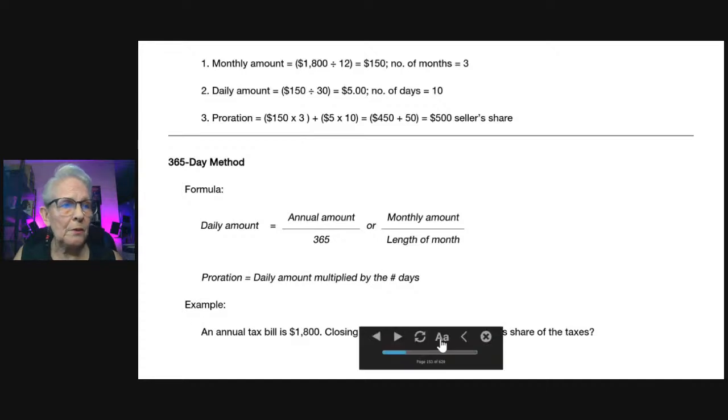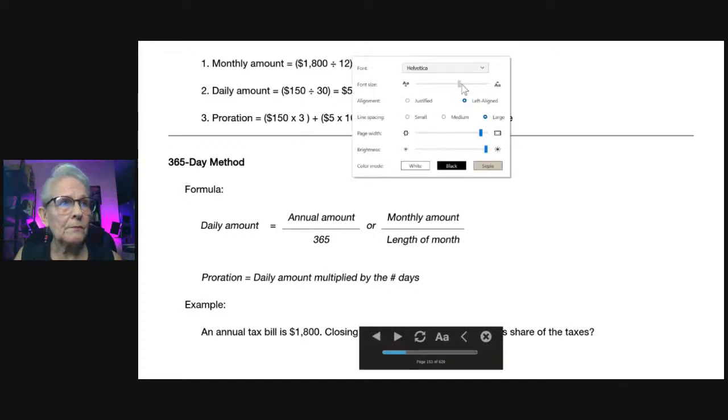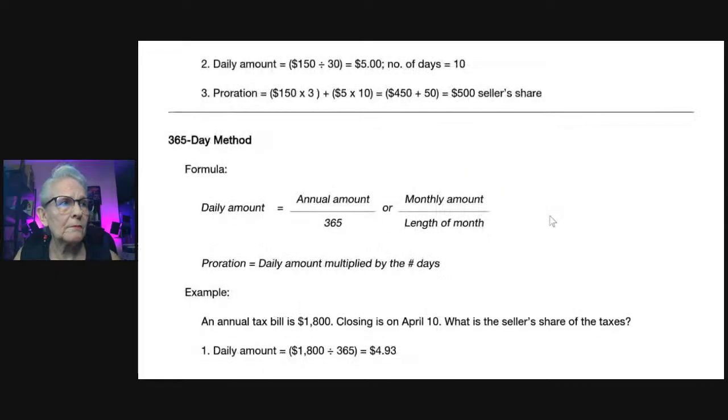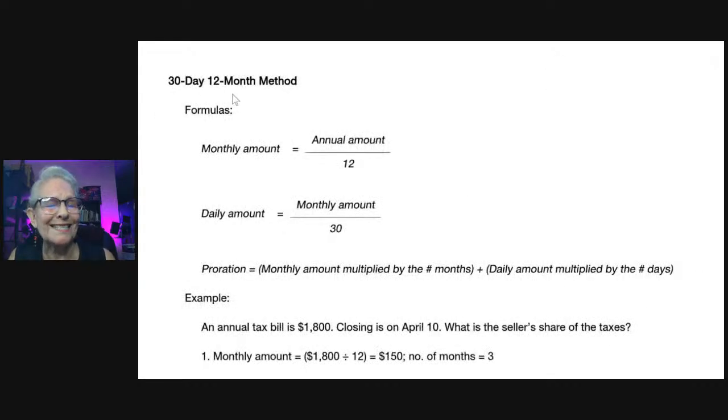An example: an annual tax bill is $1,800. Oh, wait a minute, is that the same one? Yeah. So now we're on the 365-day method. The other one was the 360-day method, 30 days, 12 months.